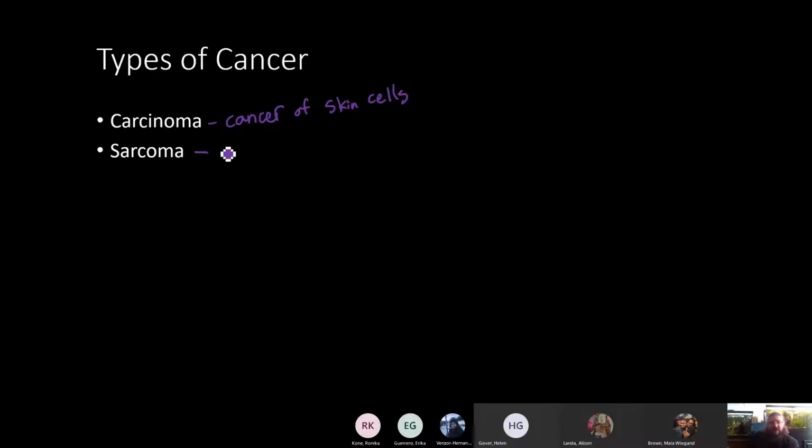Sarcoma is muscle cells. It's also bone cells, and it's other connective tissue.